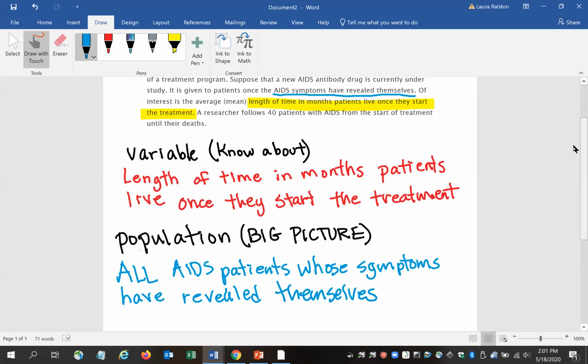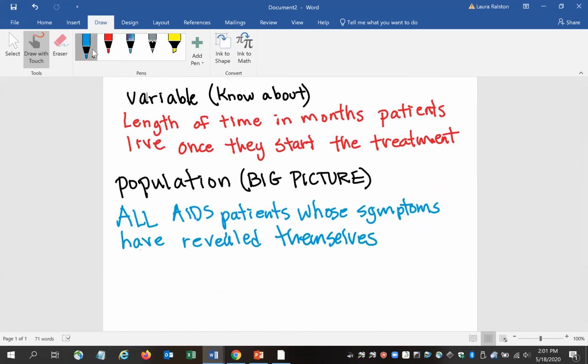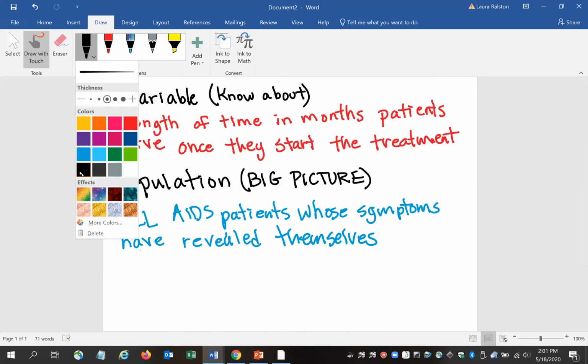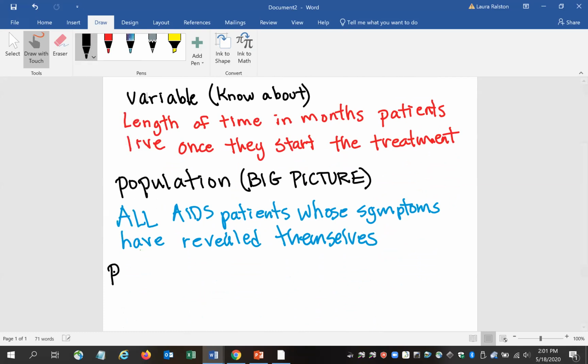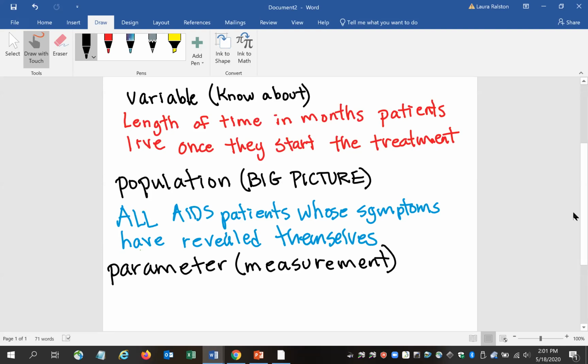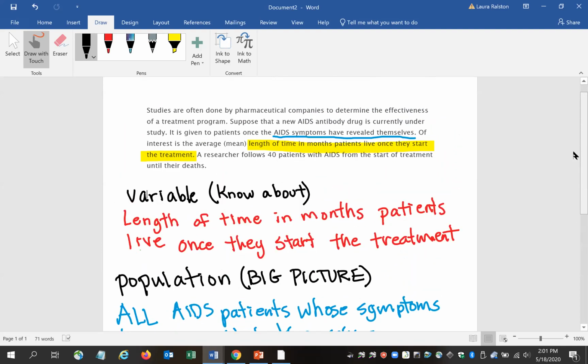Then I want to think about, connected to the population, is the parameter. The parameter is the measurement that you're going to take. Okay, the parameter is the measurement.